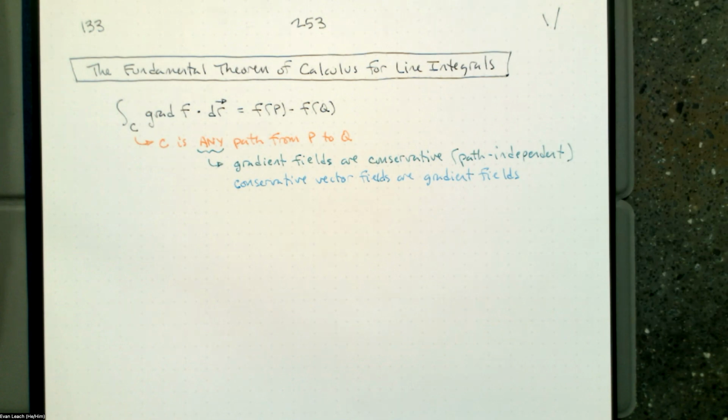So the interesting part about the fundamental theorem of calculus says that if you integrate a gradient field over any path from point P to point Q, you'll just get the difference in the potential function at the endpoints. It's just going to give you the change in the potential function.